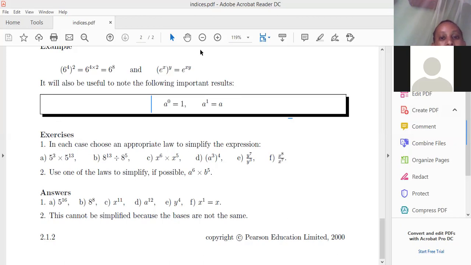So lastly, for this example, we'll have 5 raised to the power of 3, adding, because we're talking of multiplication, we add it to the power of 13. And 3 and 13 will give us the index here indicated as 16, as you can see from our screen there.